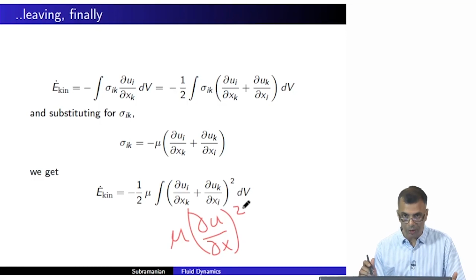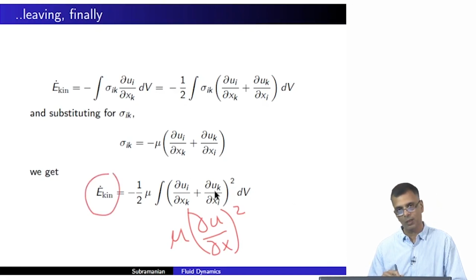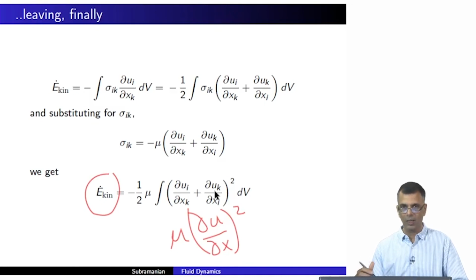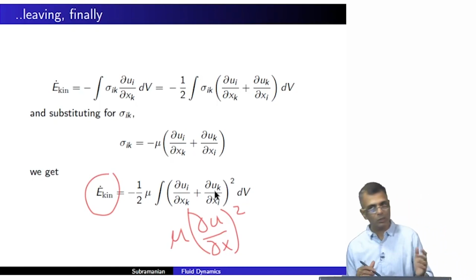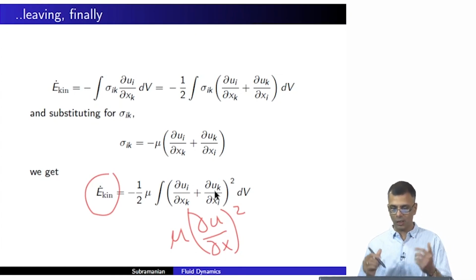This is in some sense how the kinetic energy density of a fluid parcel is dissipated due to viscosity. And this agrees with our intuitive understanding of viscosity as a frictional kind of force. So if you're considering only inviscid fluids, then there's no dissipation at all. The introduction of viscosity results in dissipation.